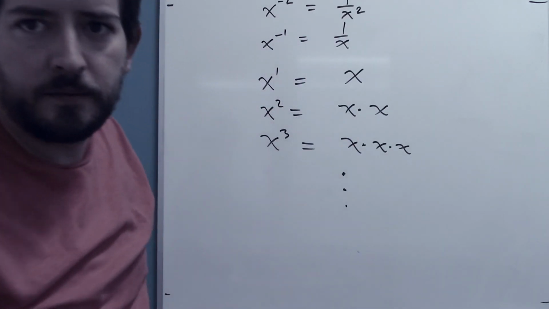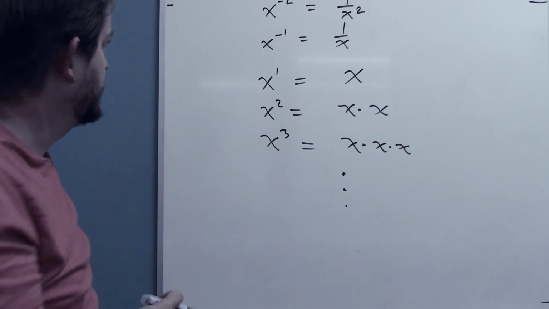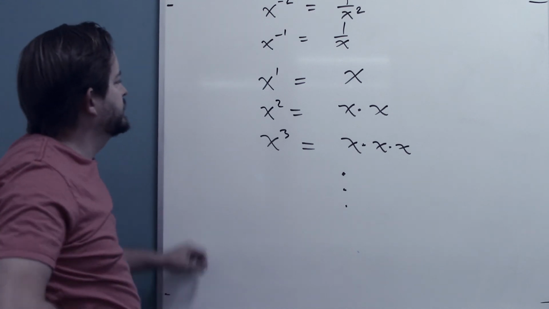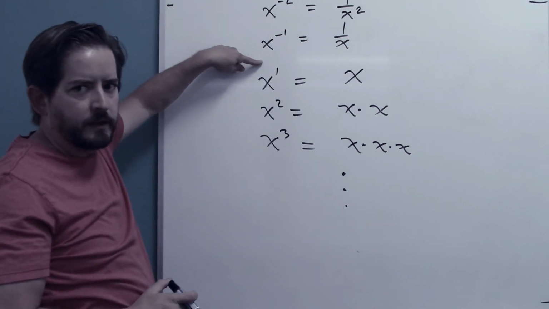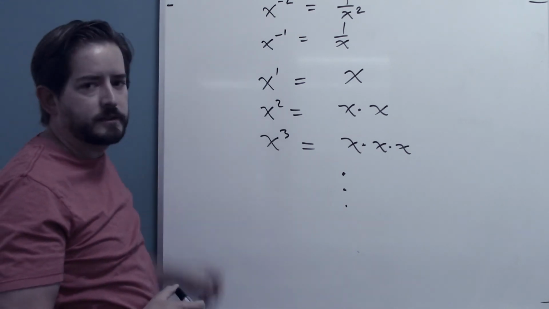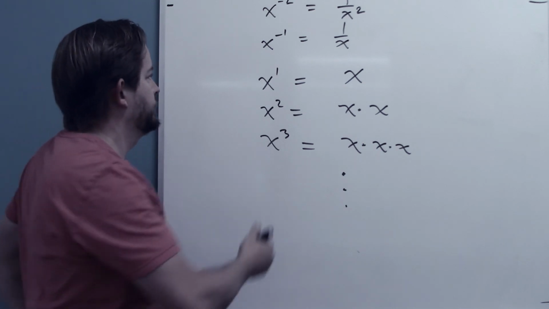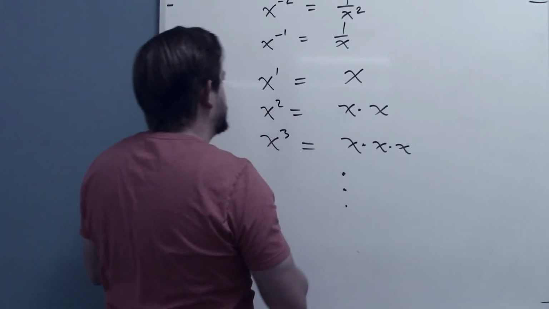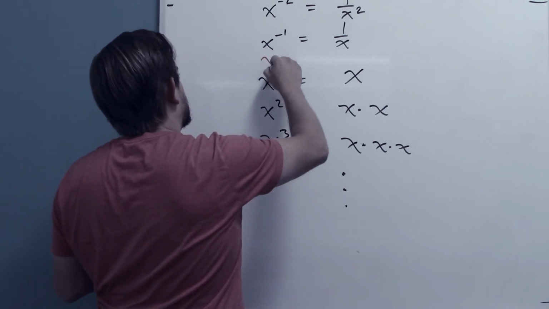Did that make it in? Barely. All right. So I notice there's something missing in between negative 1 and 1: there's x to the 0, right? So the question is what does x to the 0 mean?